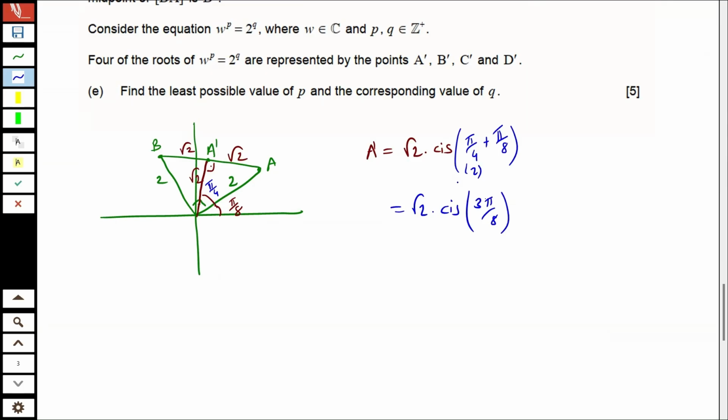Maybe we don't need to find the other roots because we are checking which power of A, this is also P, is an integer power of 2. Find the least possible value of P.